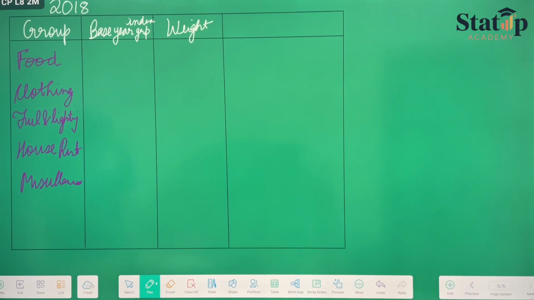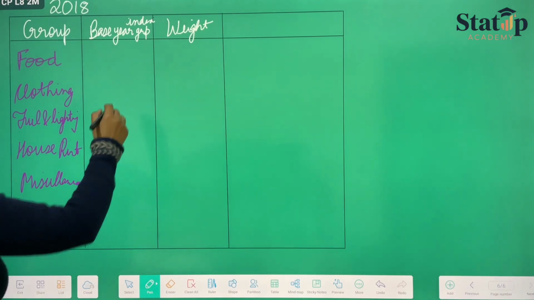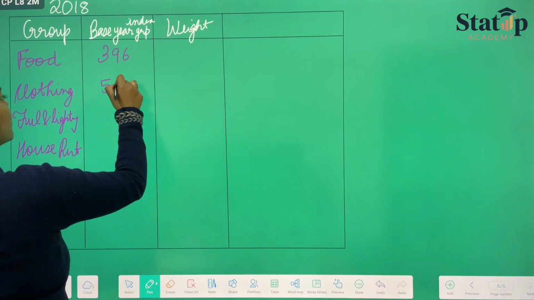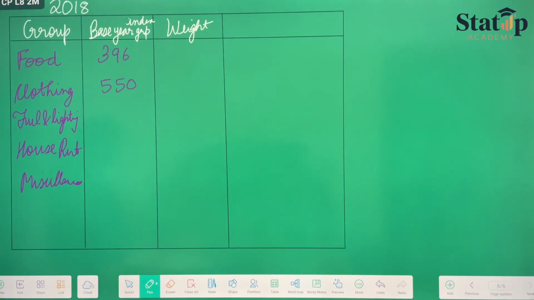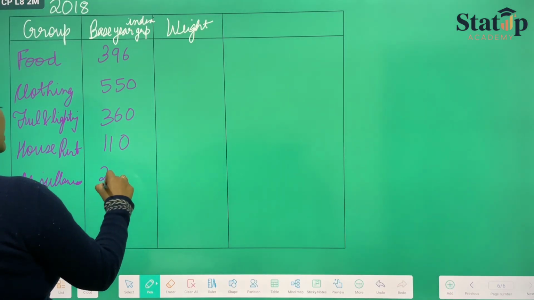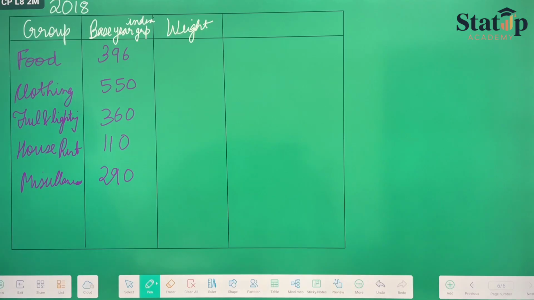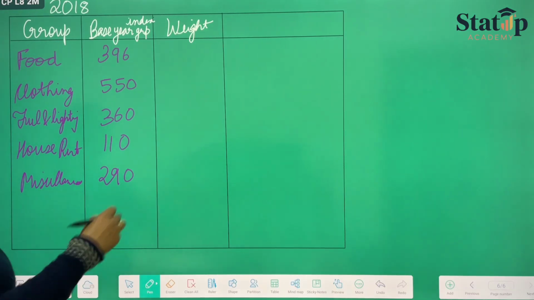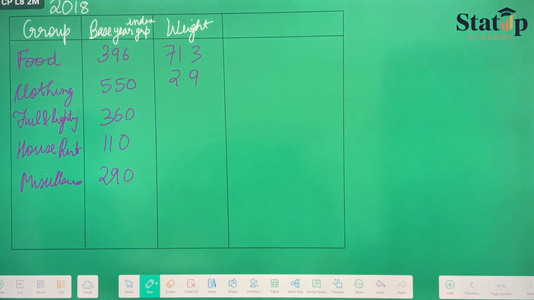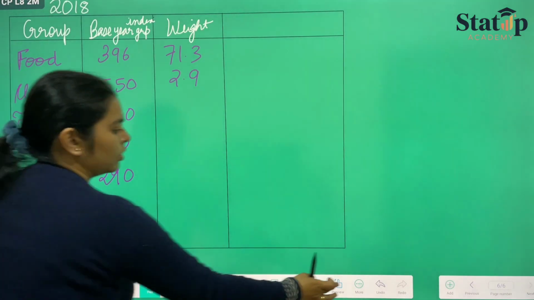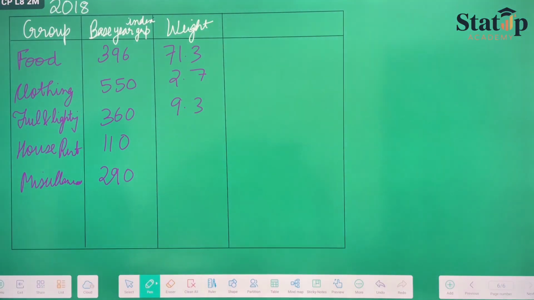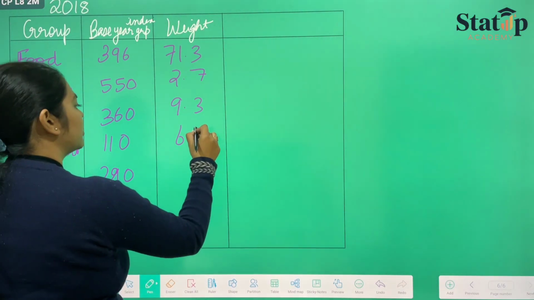The base year group indices are 396, 550, 360, 110, 290, and the weights are 71.3, 2.9, 2.7, 9.3, 6.7 and 10.